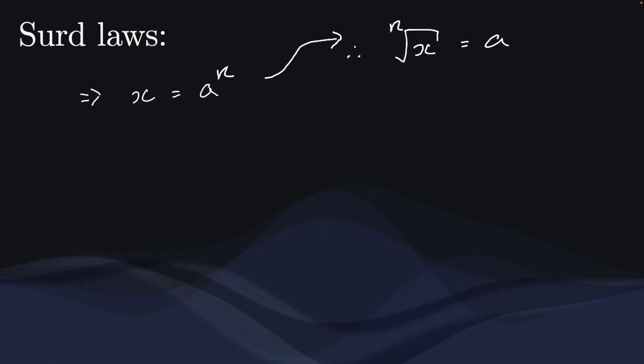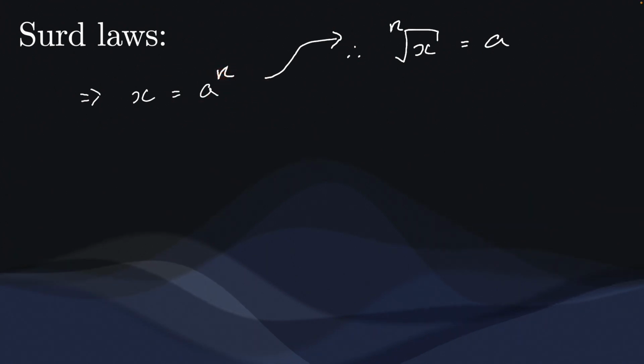But instead of just saying that, what happens if we try to make the exponent of a just 1? So we're trying to make it a. The way we can do that is, well, can you times some number n to make 1? You can times it by 1 over n.